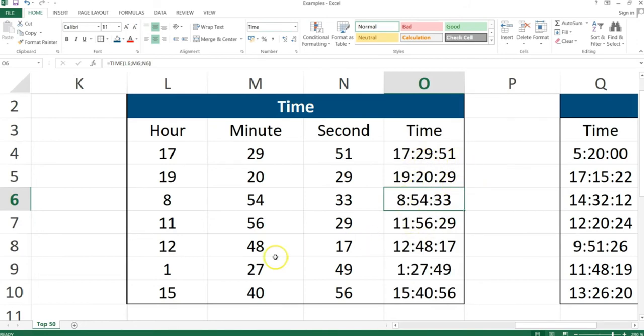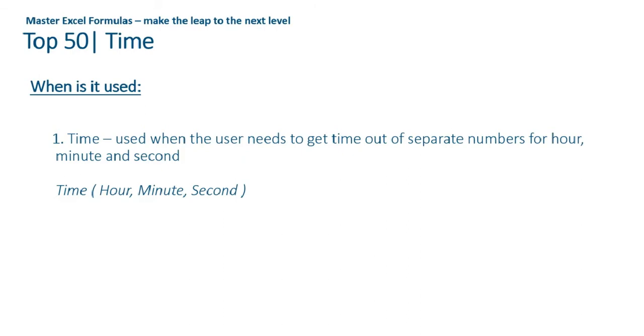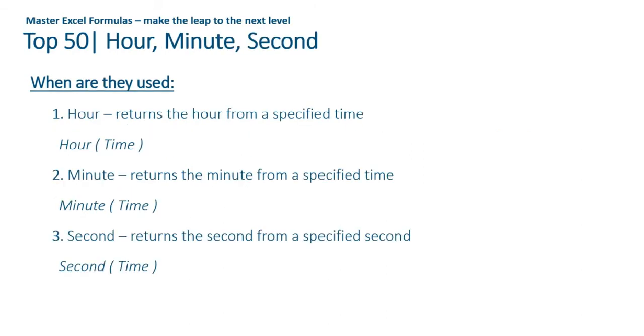The other set of formulas are hour, minute and second, very similar again to the year, month and day formulas. The hour will give us the hour from a specified time, the minute will give us the minute, and second will give us the second respectively.